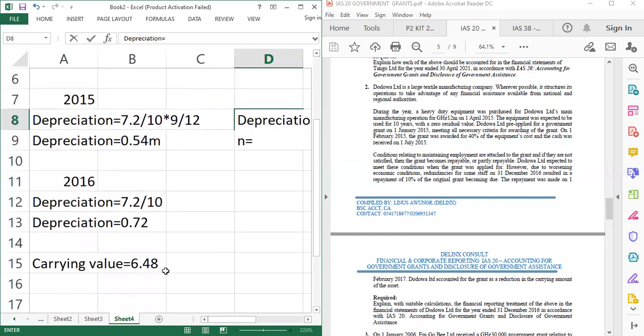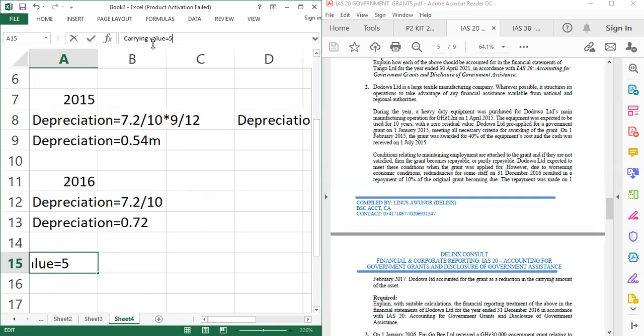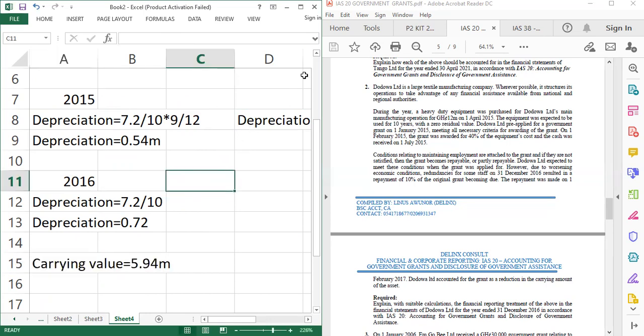Okay, that's correct. Maybe the person subtracted only the 0.72 from that one. 5.94. Okay.